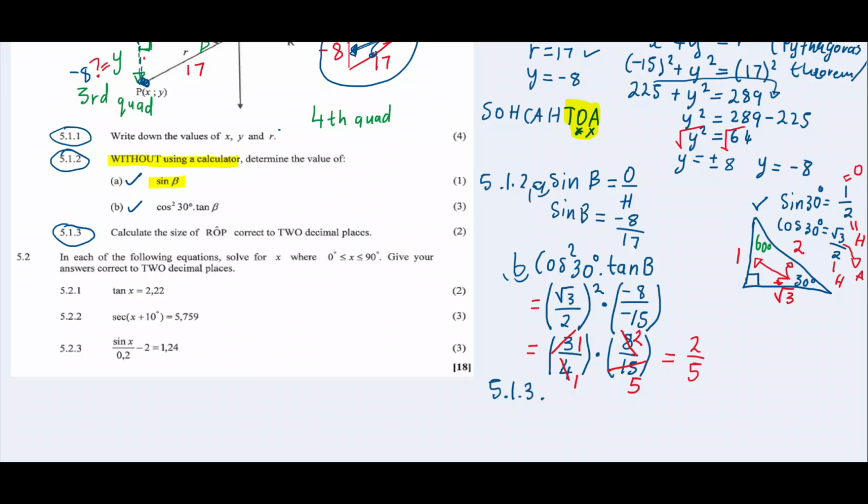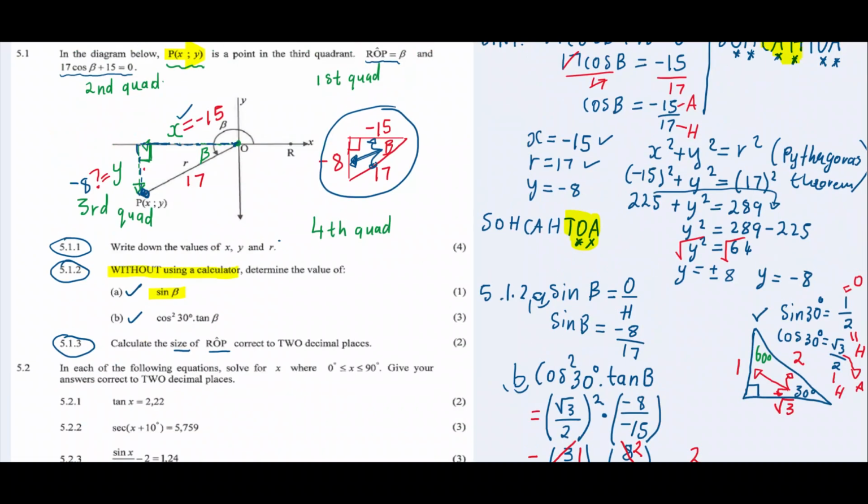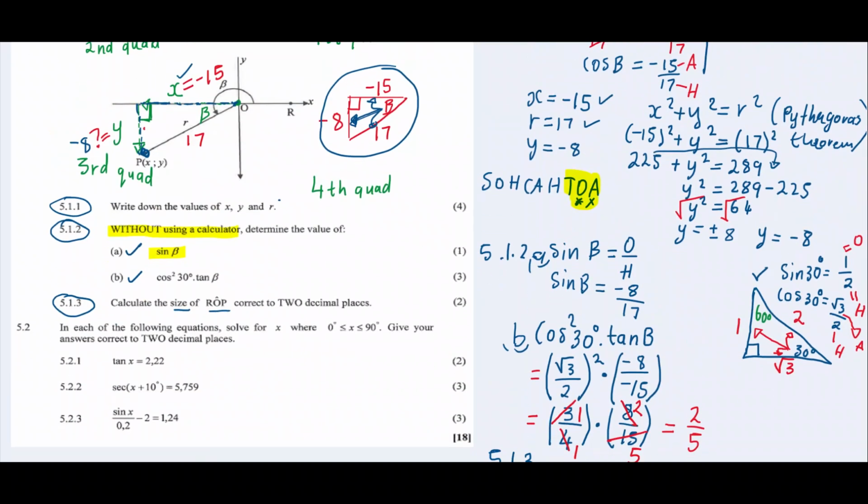So in the 5.1.3 question, they're saying that we have to calculate the size of angle ROP correct to 2 decimal places, right? If we take a look at this, this is an angle that is more than the beta.